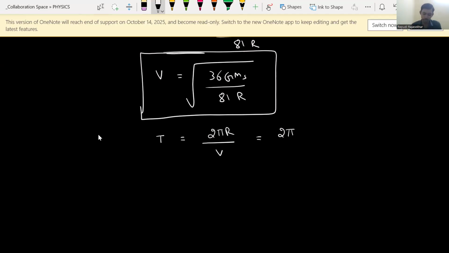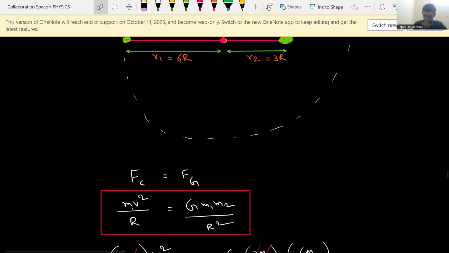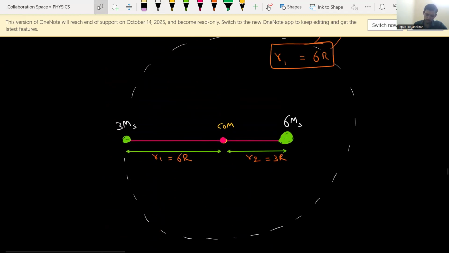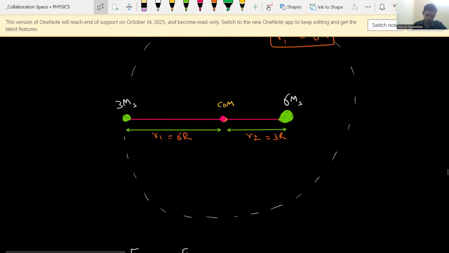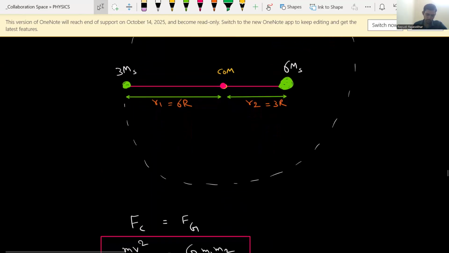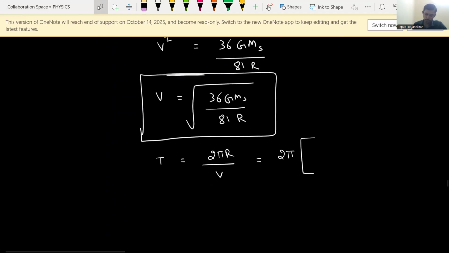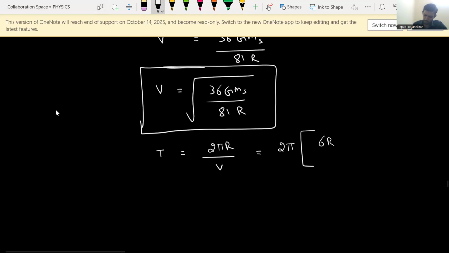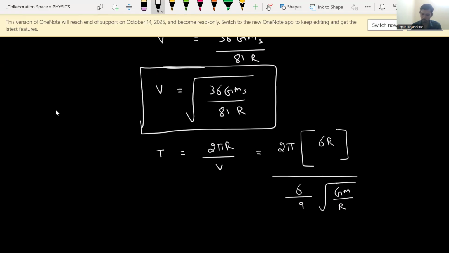How to write the r value here? r is nothing but the radius of the orbit, the time taken to complete one rotation around the circle. Here this is 6r, right? Radius is 6r, divided by the velocity value. Velocity I will write, root 36 is there. This can be written as 6 upon 9 root over GM divided by r, right?